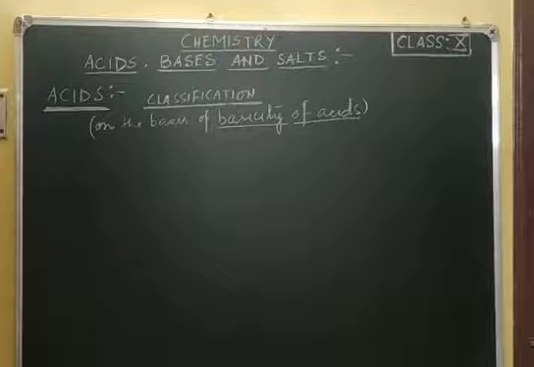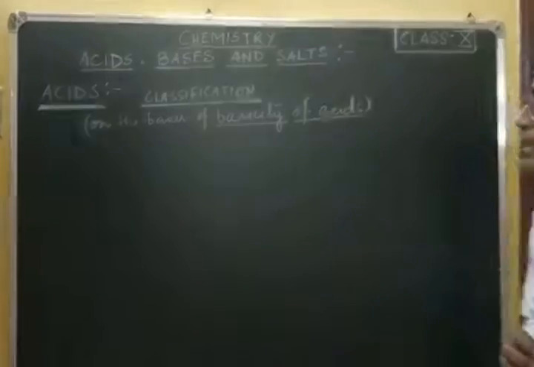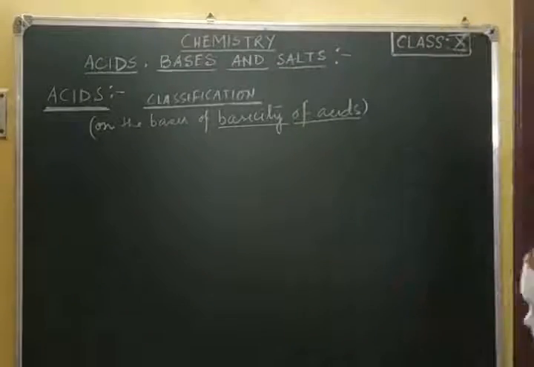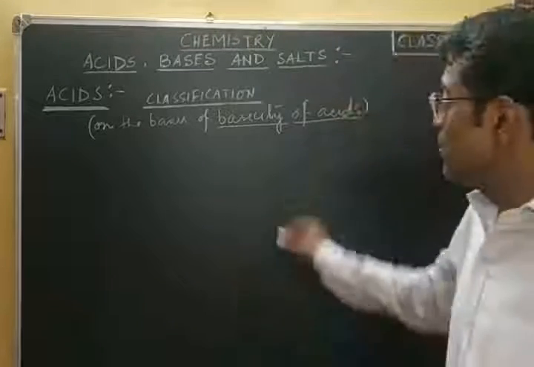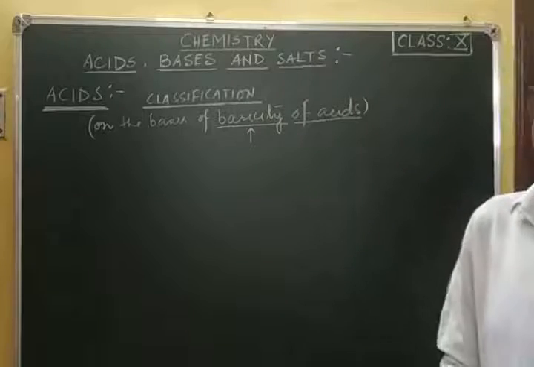Now the new classification of acid is the classification of acids on the basis of their basicity. And in class 7-8 we have learned about basicity of acid. What is basicity? That is the number of replaceable hydrogen ions, not the number of hydrogen ions.